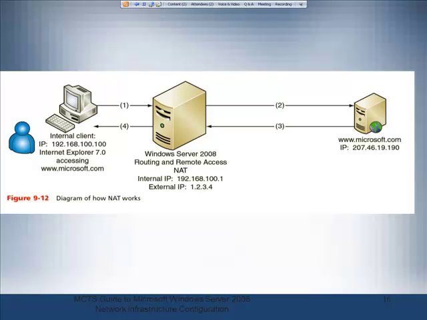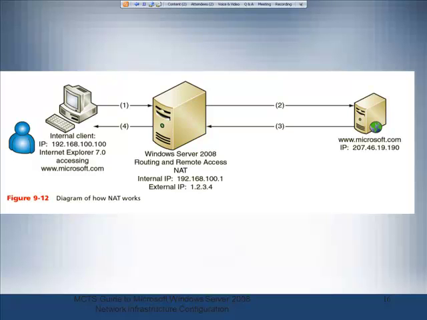NAT puts a new IP address in the header. The difference between NAT and PAT: in true NAT, each of the devices gets a unique public address. With PAT, we use a single address, what you and I use at home.